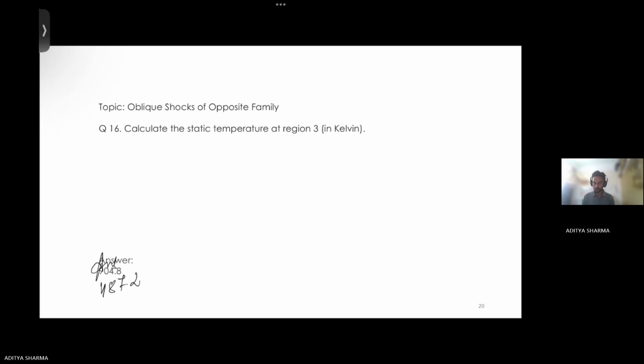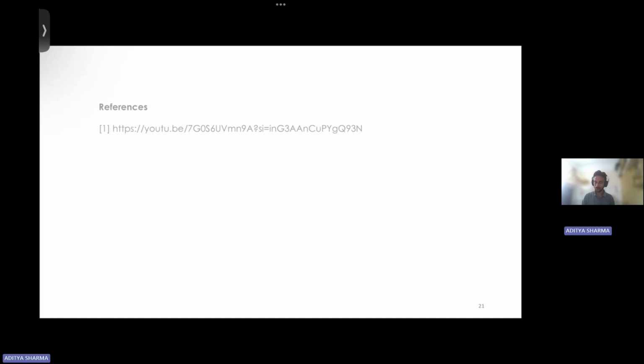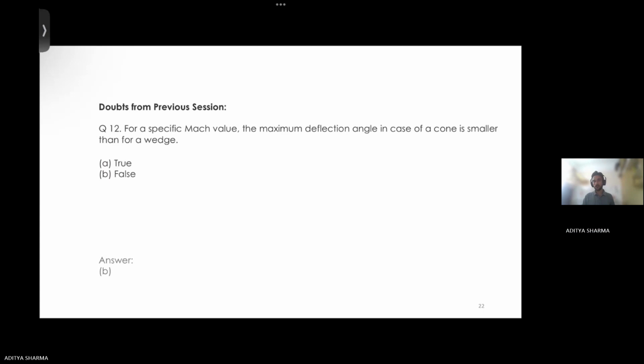Okay, so this was the last question of this session. This is one reference. Then there was one doubt from the previous session, question 12. For this, one can refer to lecture 17, slide number 14.